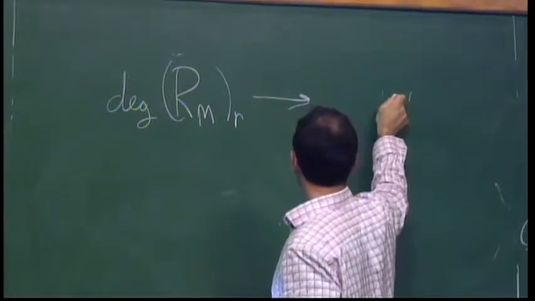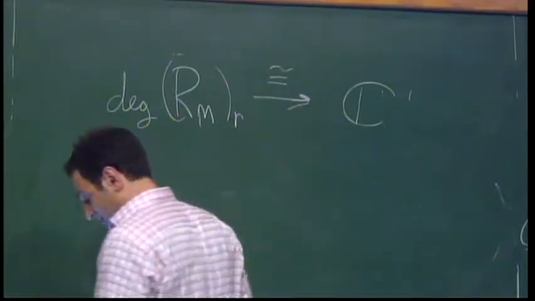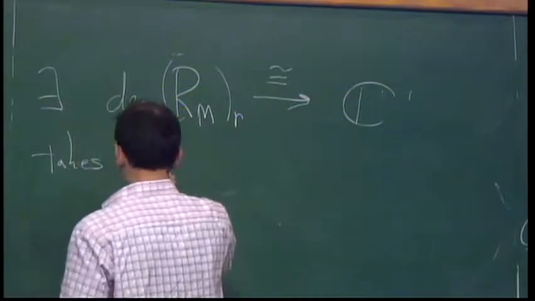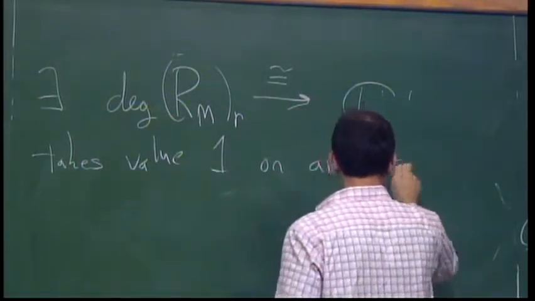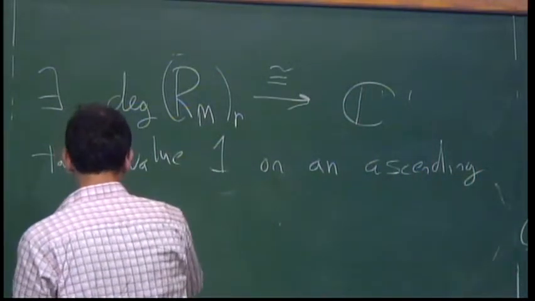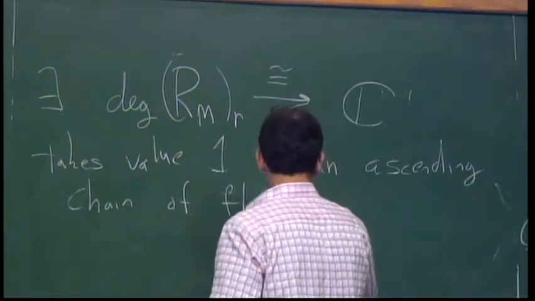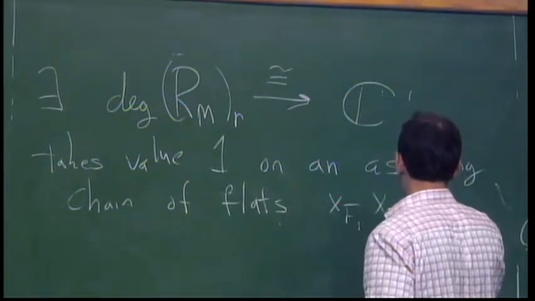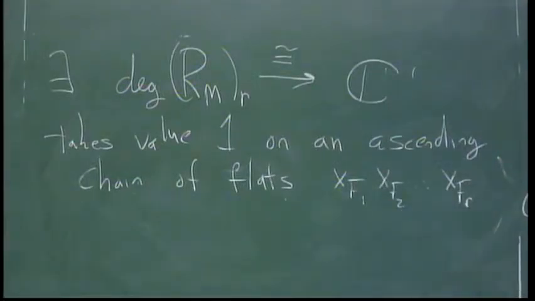Remember that our matroid was rank r plus 1. And it's an isomorphism, and it takes the value 1 on an ascending chain of flats. But on a complete ascending chain of flats, meaning I take flats of rank 1 through r.